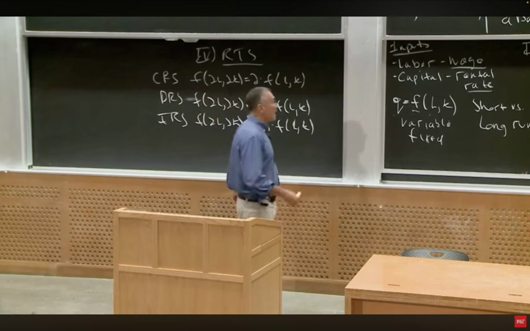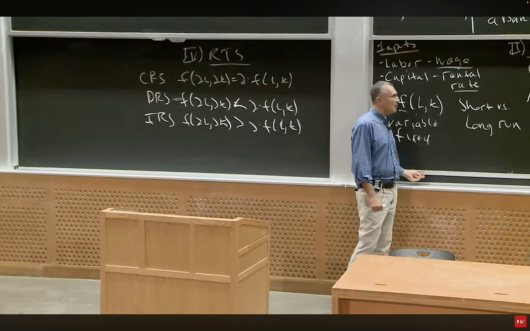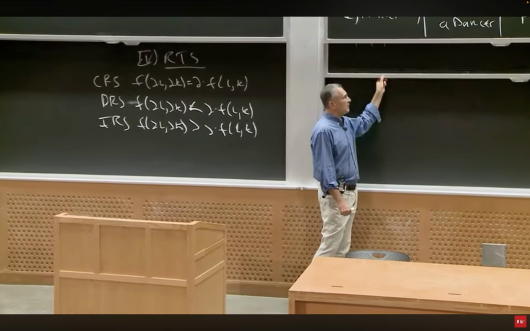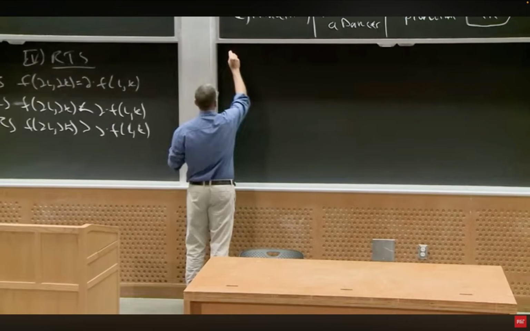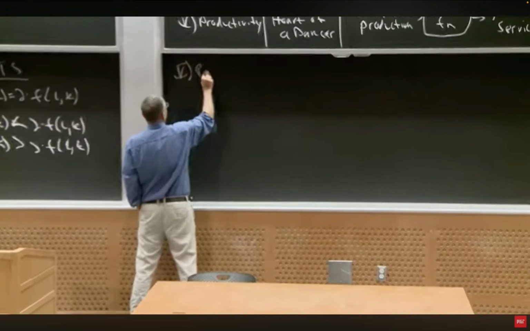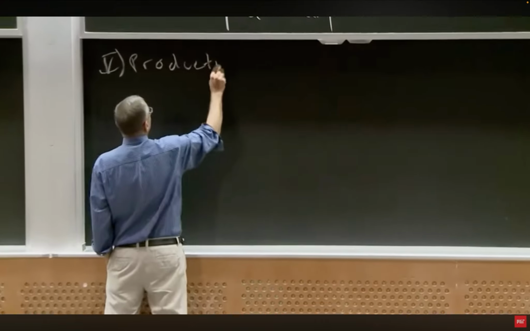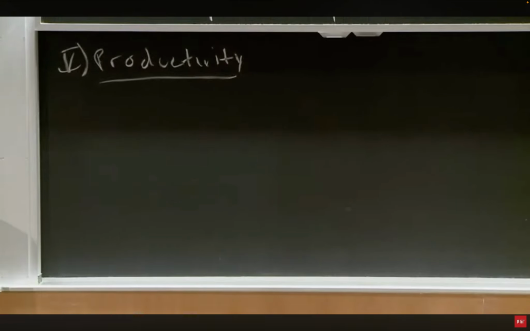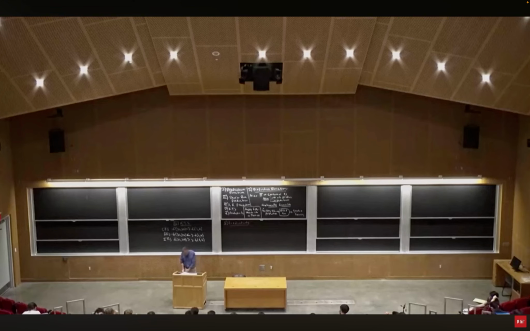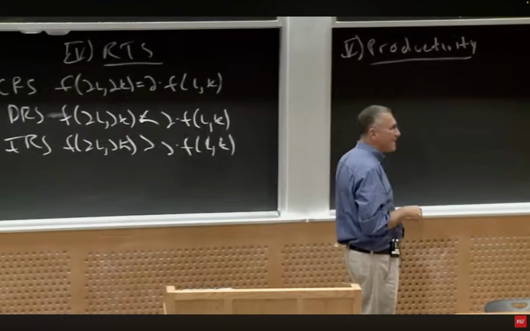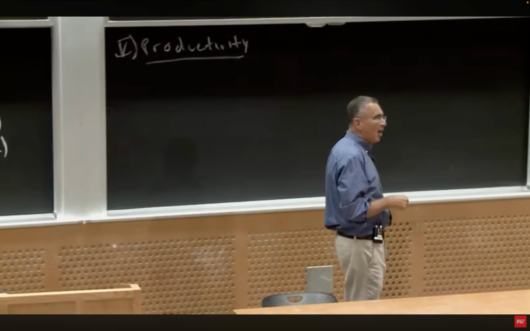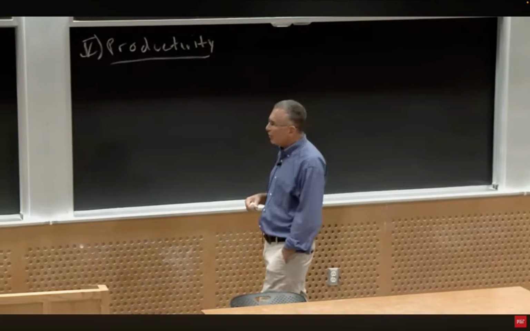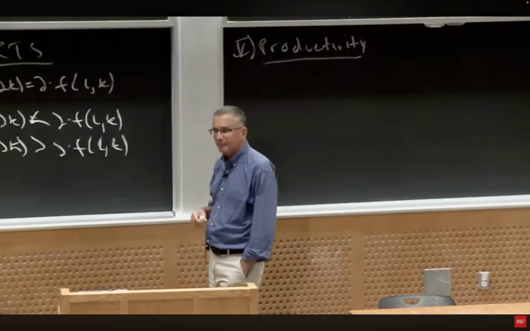Now, let me come to the question here and talk about a last topic, which is productivity. One of the most exciting topics in economics is thinking about productivity. The idea of productivity comes from a very famous application from 1798 of the idea of decreasing returns to scale, or diminishing marginal product.